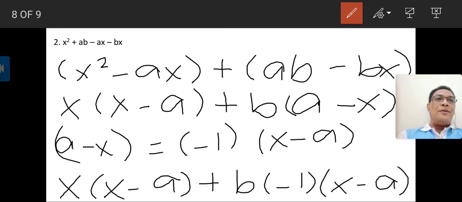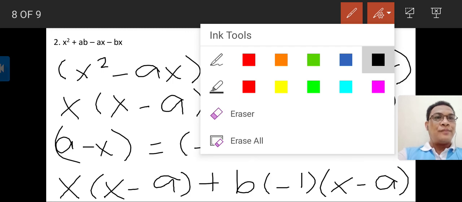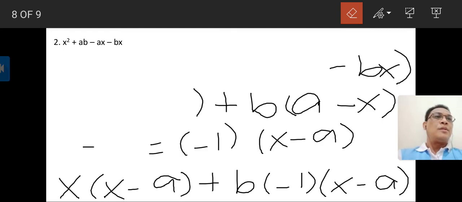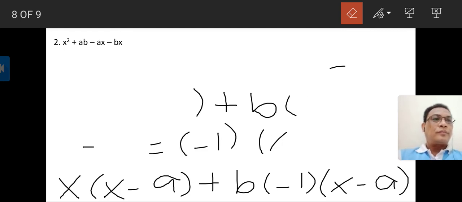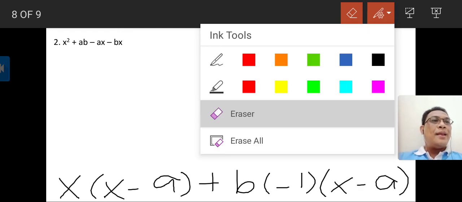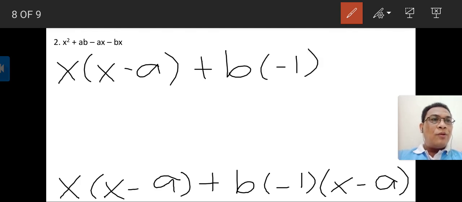In here we can have your GCF. Let me erase the upper part for our solution. So let me copy x minus a plus b multiplied by negative 1 times x minus a.